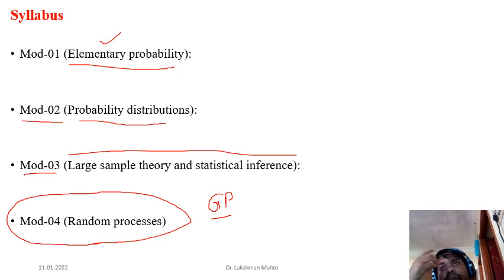There you always observe some kind of random process. Very simple random processes are the Bernoulli process and the Poisson process. Scenarios like a supermarket, or customer arrival and customer departure, you can solve based on the Bernoulli process and Poisson process. So we will discuss those in random processes. This is the syllabus of this course.